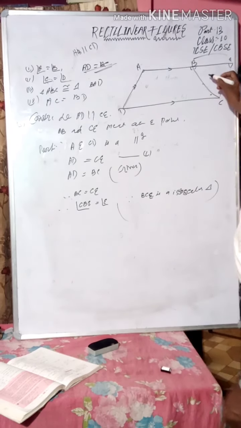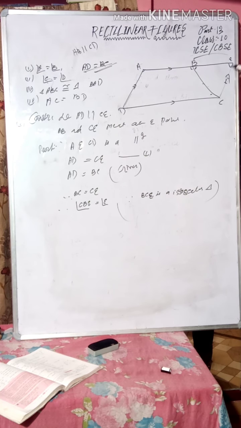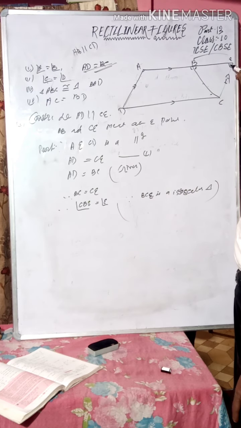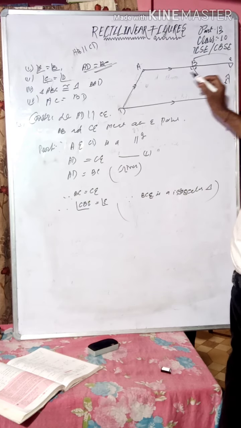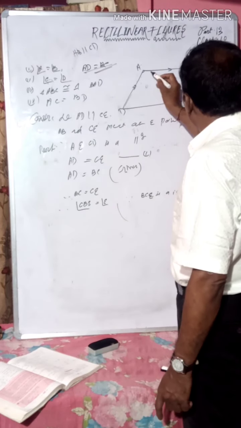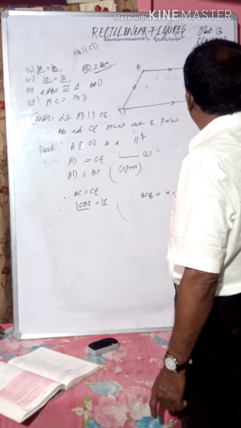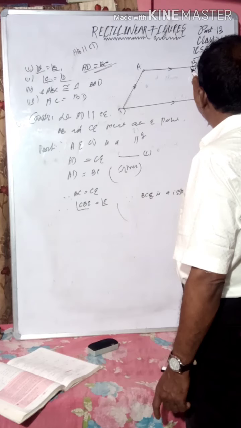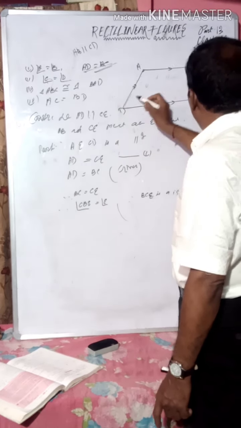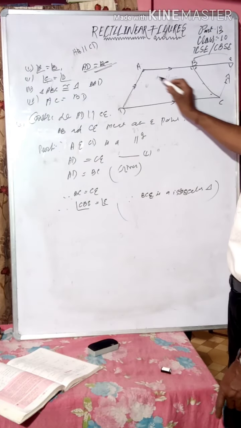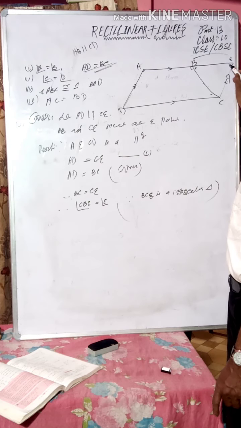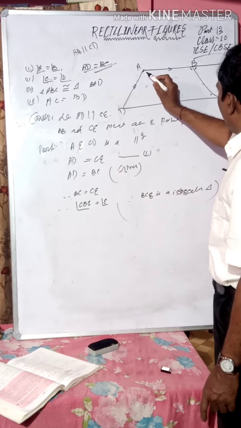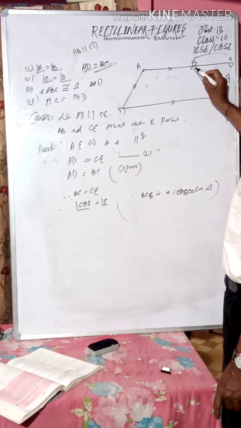If BCE is isosceles, this angle is equal to this angle. Now if these are the parallel lines and this is the transversal, then angle this plus this is 180 degrees.